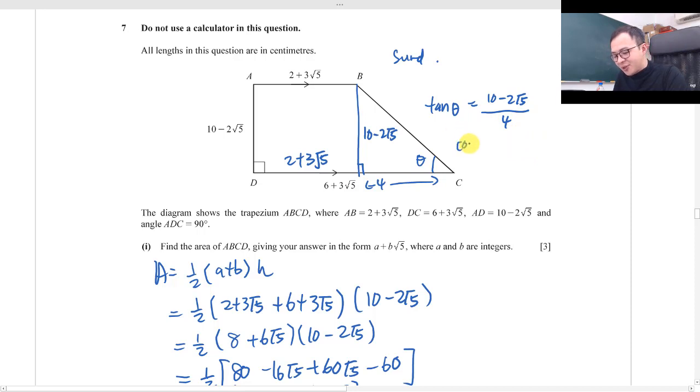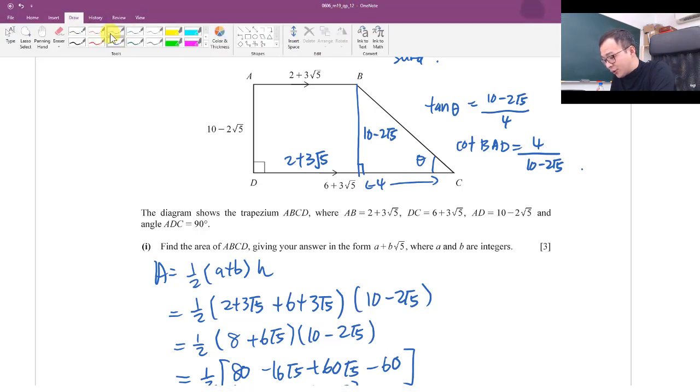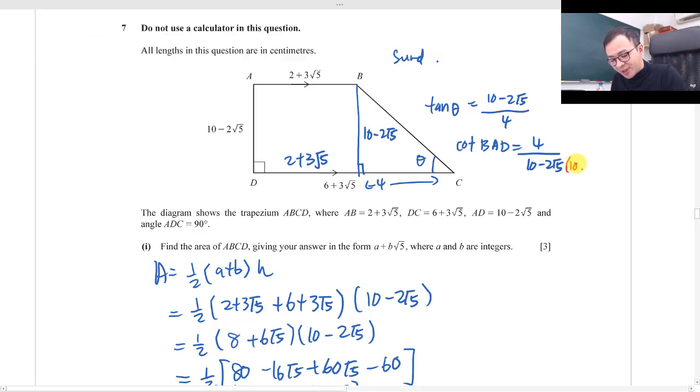So cotangent means what? They say cotangent of BAD, right? So basically it flips over: 4 over (10 minus 2√5). Then I will need to rationalize. So I multiply (A plus B) by (A minus B).